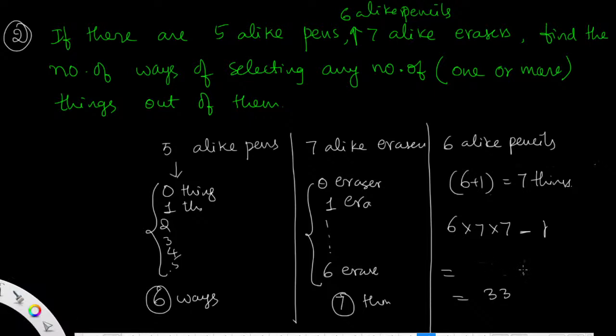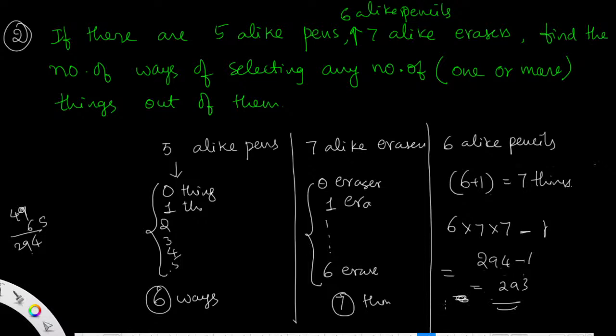That is 42 into 7 minus 1. 42 into 7 is 294. 294 minus 1, that is 293.